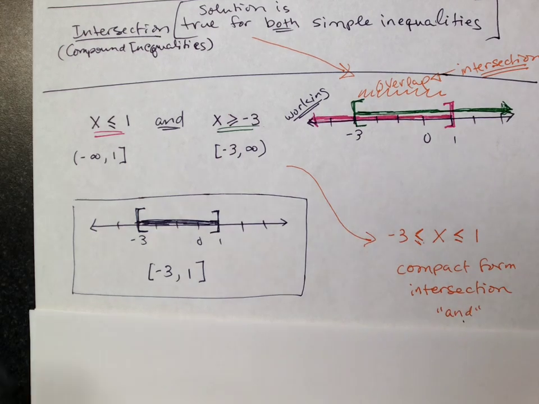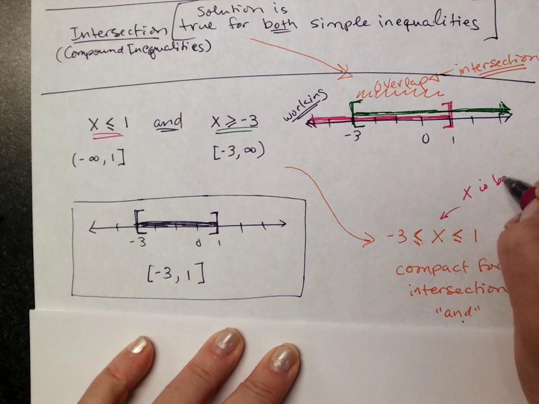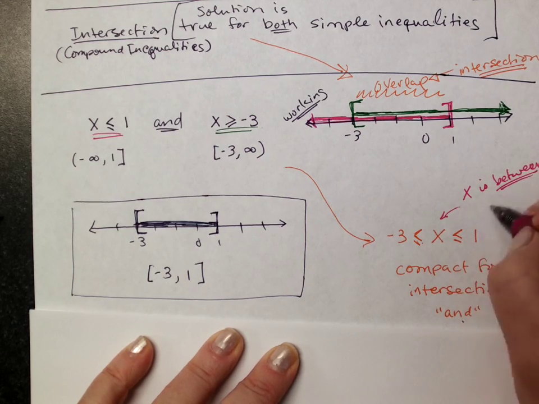And this means that x is between the smaller and the greater value. In this case, x is between -3 and +1.